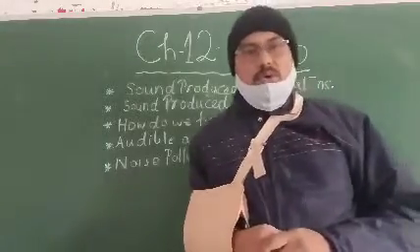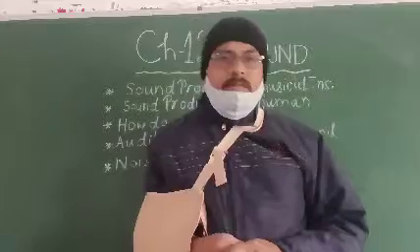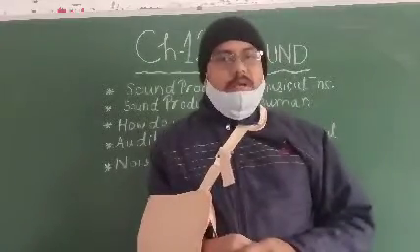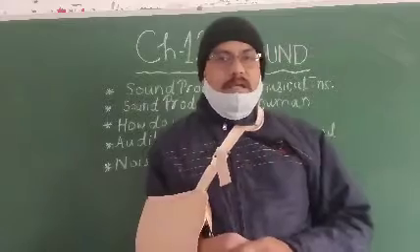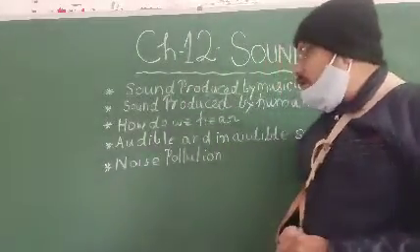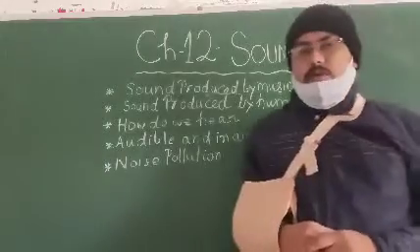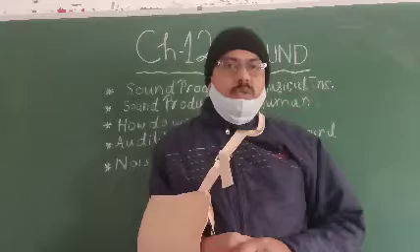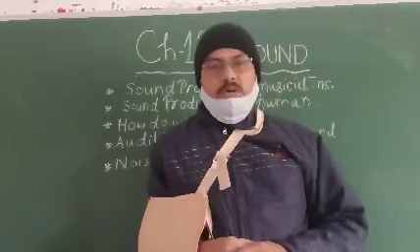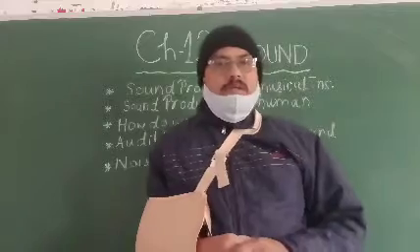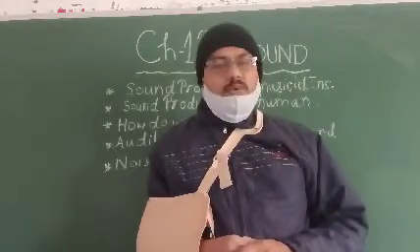If it is below 20 hertz or above 20,000 hertz, then it can't be heard clearly, and that sound is called inaudible sound. The sound frequency between 20 hertz and 20,000 hertz, or 20 kilohertz, is the only one that could be heard.